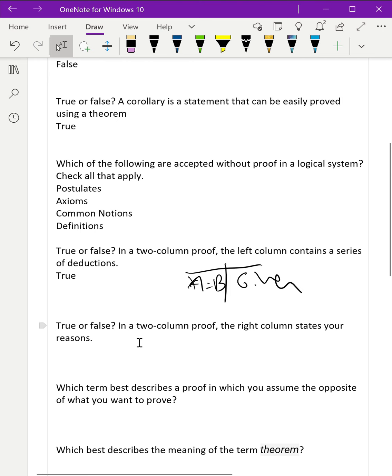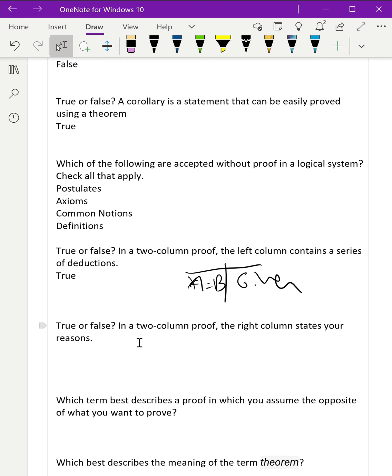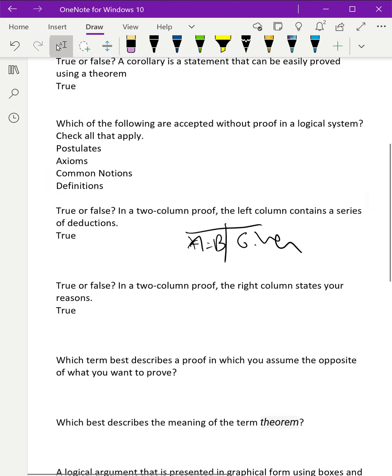The right side is your reason. So this is also true. In a two-column proof, the right side is explaining why something is true. So I know A equals B because it's given. I know you will show up to geometry class because it's given. It's some type of reason that it's given.